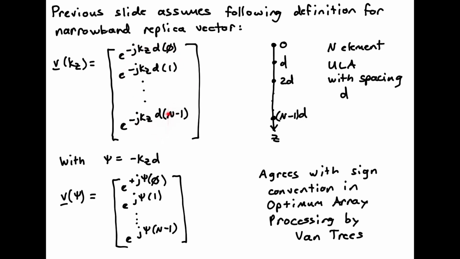It's just the complex exponential e to the minus j kz d times the number of the sensor. If I use my definition for psi as minus kz d, then this narrowband replica as a function of psi is e to the plus j psi times little n, where little n is the entry in the vector. This is the 0th entry, this is the n minus 1 entry. All of this agrees with the sign convention in Optimum Array Processing by Van Trees.